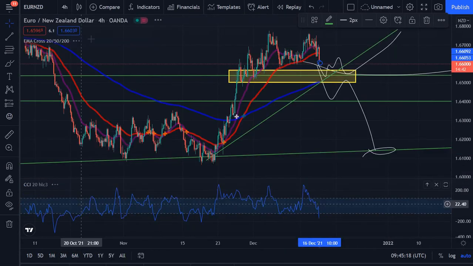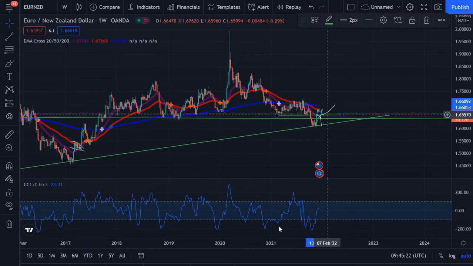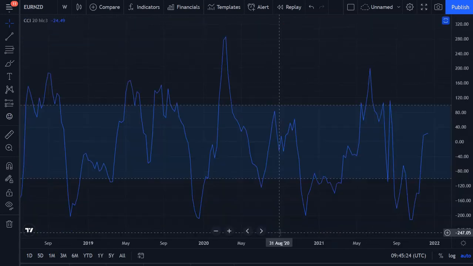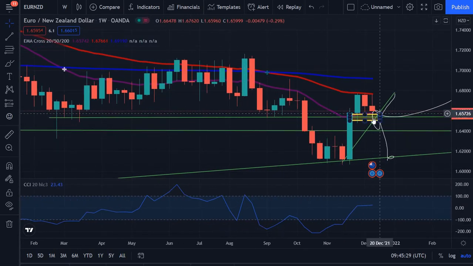But as I said, on the bigger time frames, if we check the weekly, we are here. Here is the support zone where we could see a move to the upside and then go to the 200 EMA.